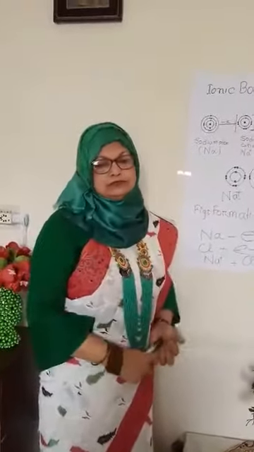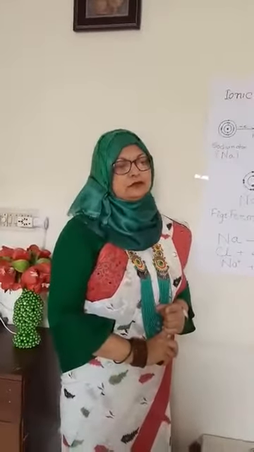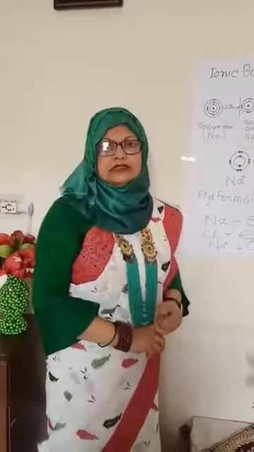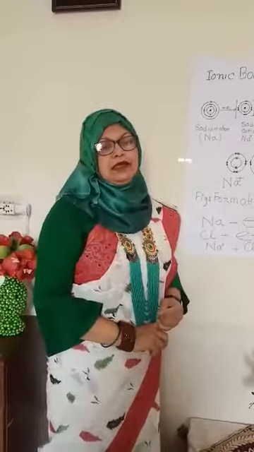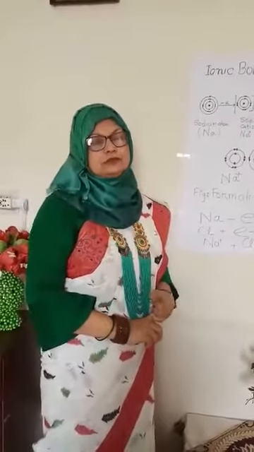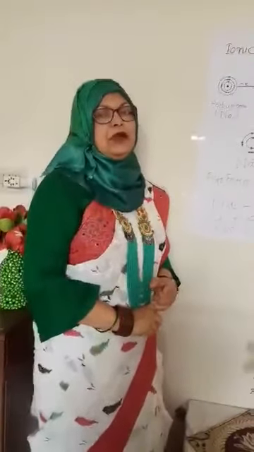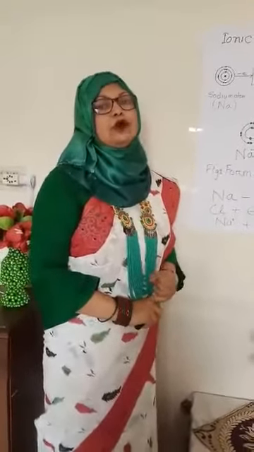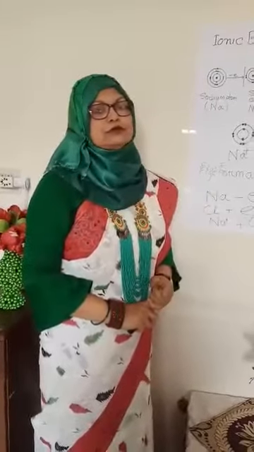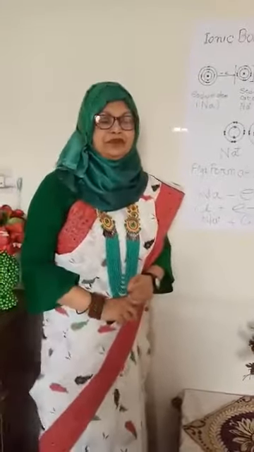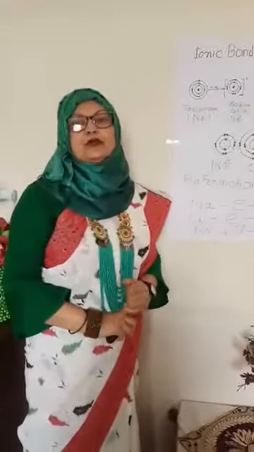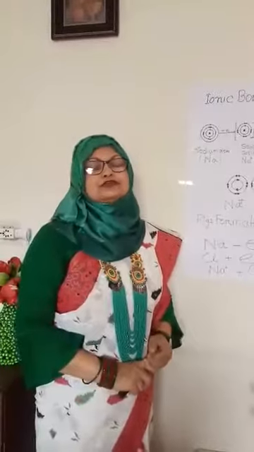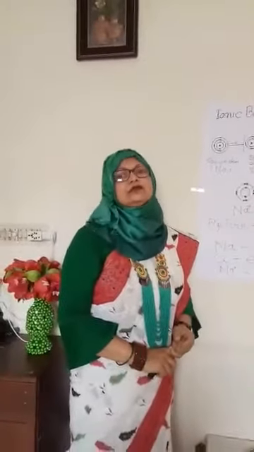So, when sodium cation and chloride anion, that is positive charged atom and negative charged atom, come close together, an attraction force acts between them, and for this attraction force they form a bond. This bond is called ionic bond. That means the attraction force by which anion and cation form a bond is called ionic bond.